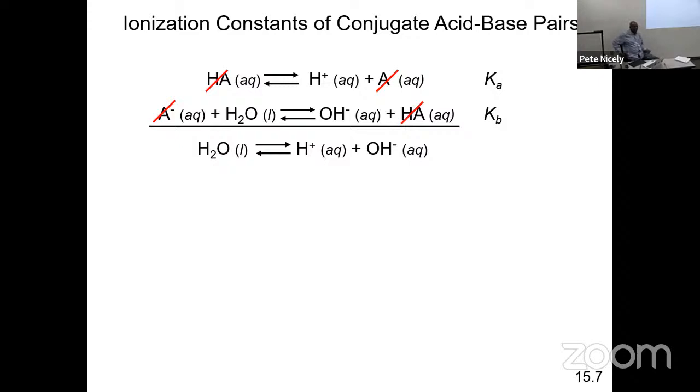When you add two equations to get the final equation, how do you get the equilibrium constant for the final equation based on the equilibrium constants of the two equations you're adding? This was from the previous chapter.